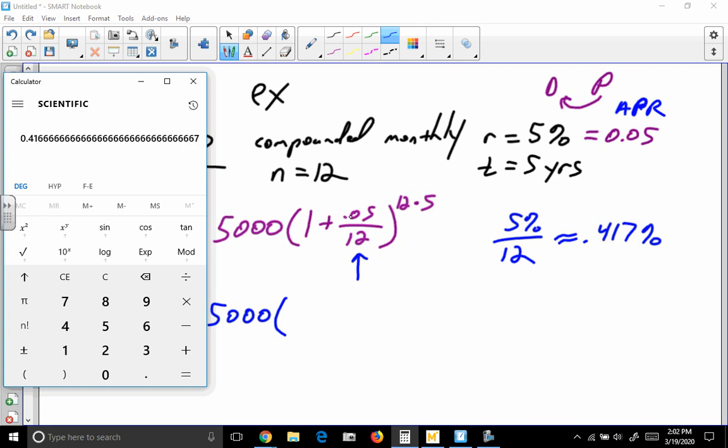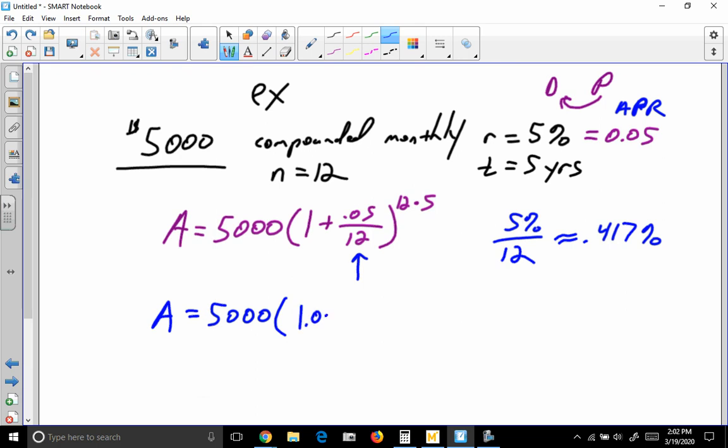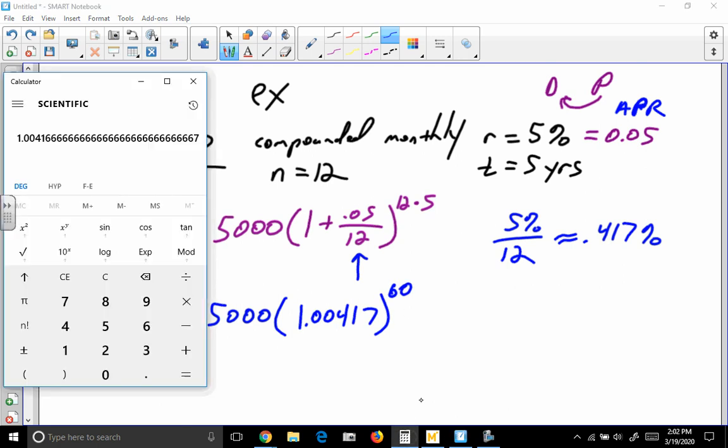So 0.05 divided by 12 plus 1, that's what goes in parentheses, 1.00417. And then we're going to raise that to the 60th power. And I'm not even going to take that out of my calculator and type my rounded off. I'm just going to leave all that in.